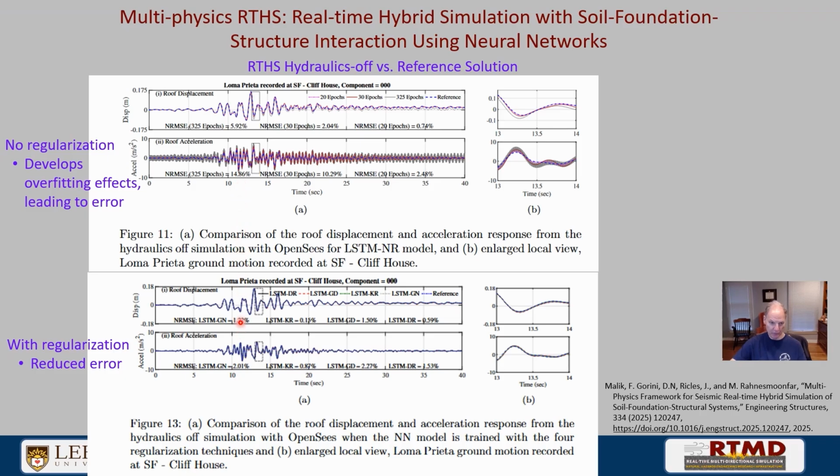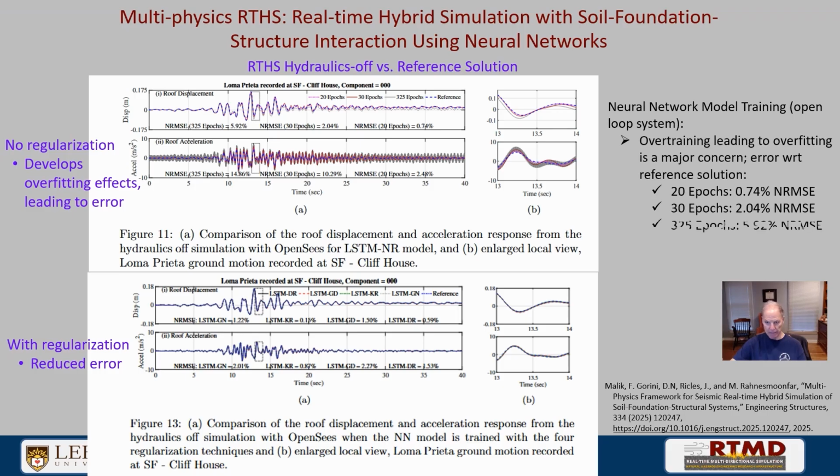Furthermore, the displacement is more accurate as well. So regularization is illustrated to be very important. And this shows some of the error that I mentioned earlier with respect to regularization not being used, and with the number of epochs, the error just increases.